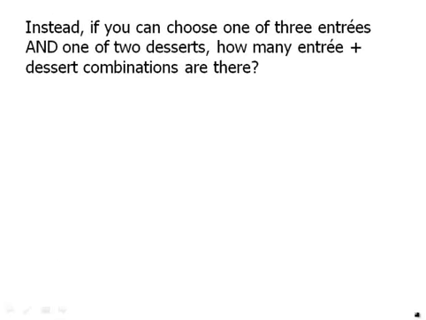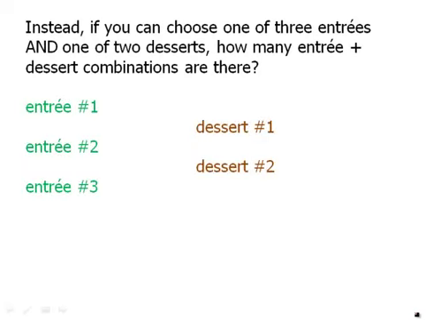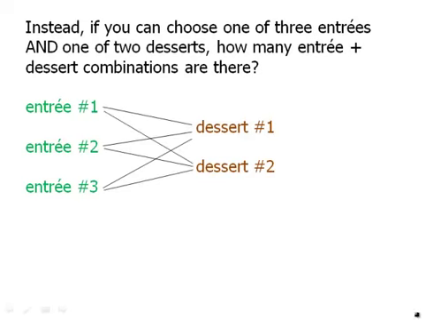By contrast, if you could choose one of 3 entrees, and now we don't care whether they're veggie or meat, and you can pick one of 2 desserts to go with it, how many entree plus dessert combinations are there now? So now we have 3 entrees. With any one of them, we could pick dessert number 1. Or with any one of them, we could pick dessert number 2.